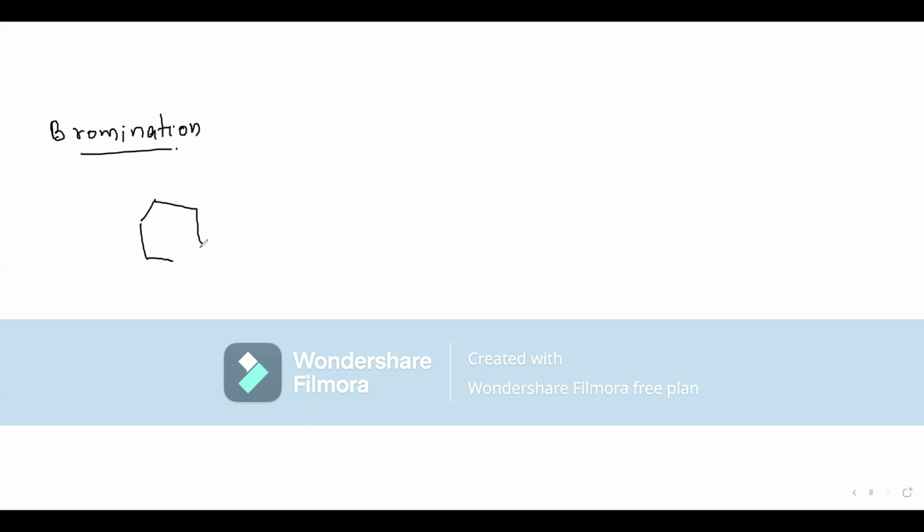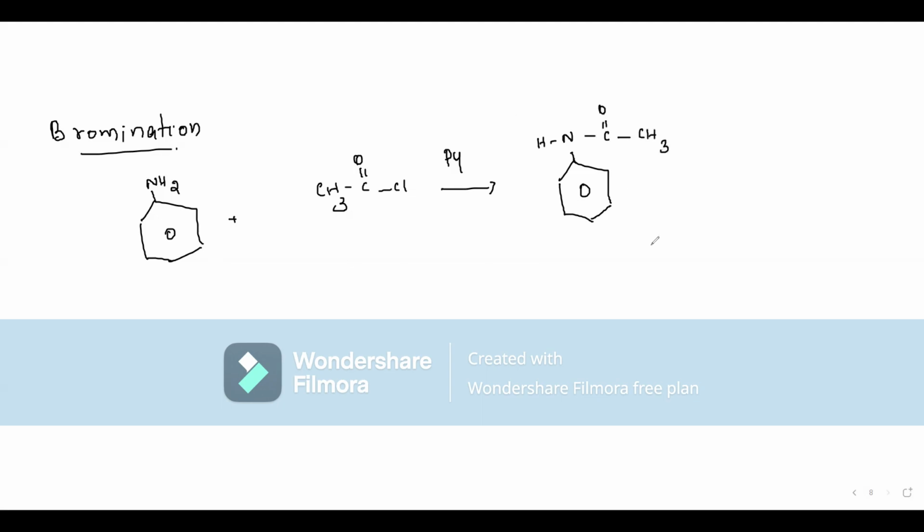Take aniline, treat it with CH3COCl in presence of a base. You're very familiar with this reaction. This is acetylation, and as a result of acetylation, you will be getting benzene ring, NH and C double bond O, CH3. We know that this is acetanilide.